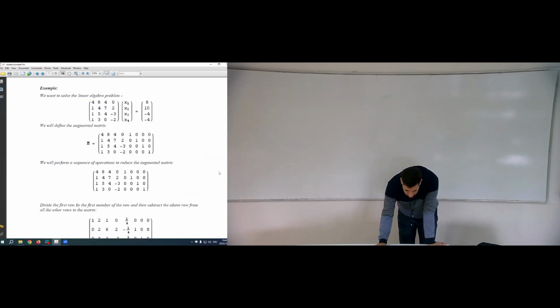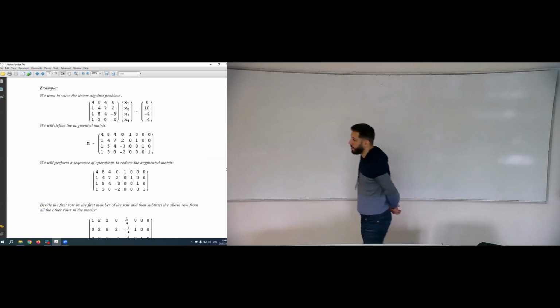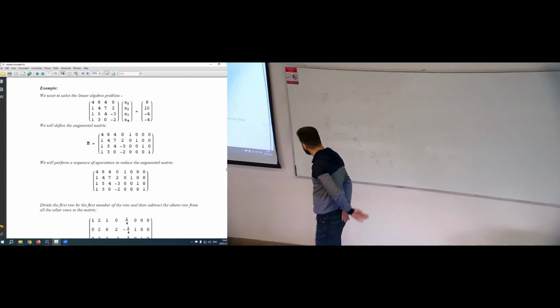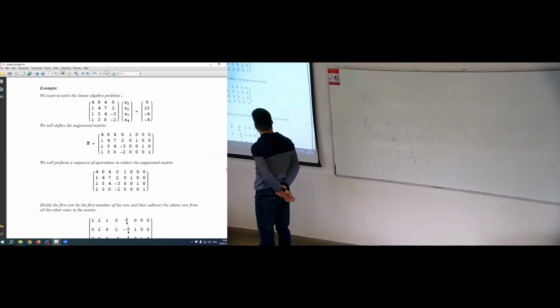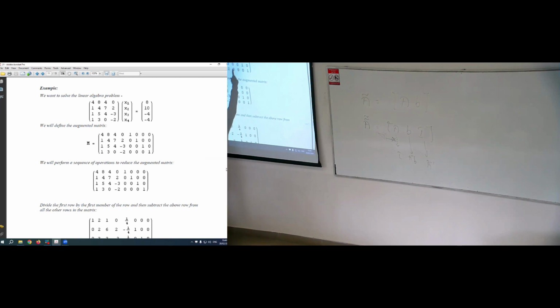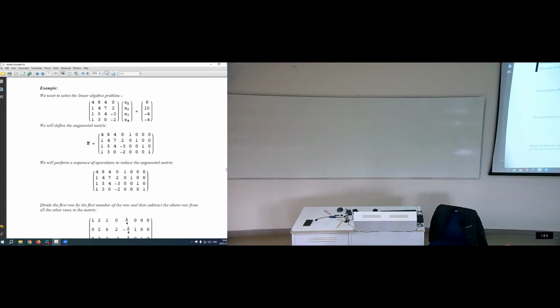And for amusement, let's take another example of finding the inverse matrix. We start with this augmented matrix. Here, the first row has the biggest element in the first column between all the rows, so I don't make any swap.